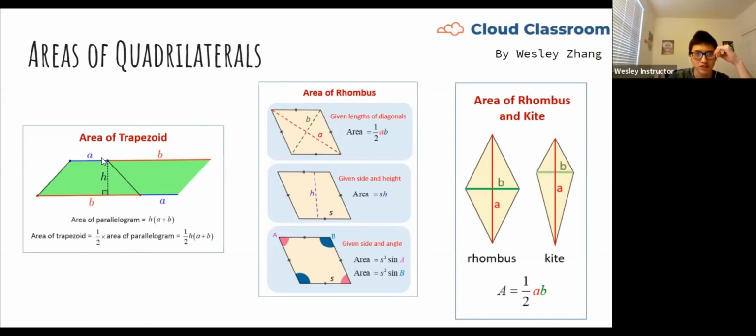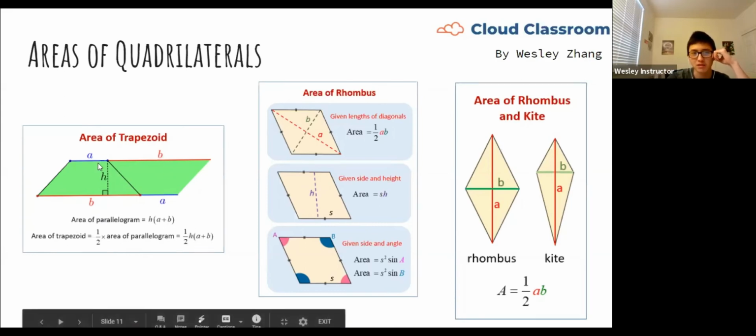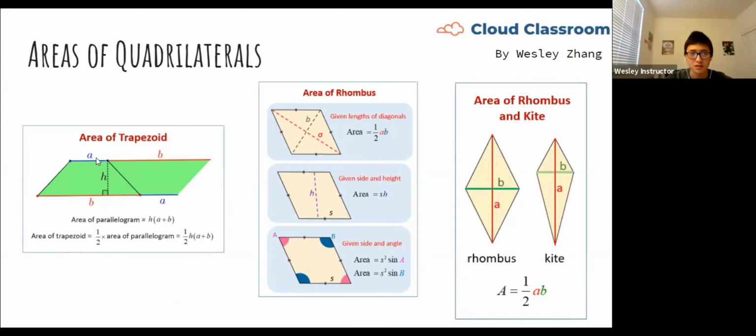But a trapezoid here is just half of this parallelogram. So this is just 1/2 h, base a plus b. So that is the area of a trapezoid. So it's 1/2 times the height times parentheses, the two bases added together.